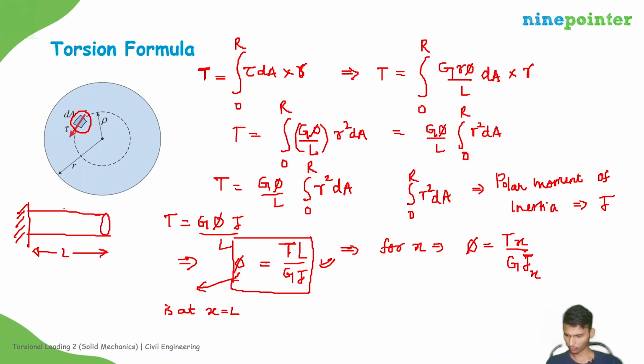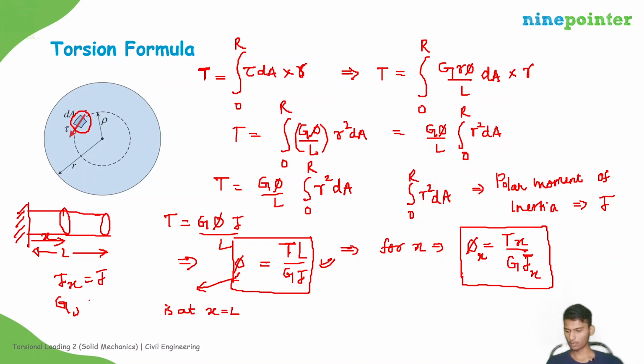So for that process, if you need to know what is the angle of twist at this position, this is at x, then this will be the formula, right? Phi at x. So as this is a uniform circular member, Jx will be equal to J, and G, T are the same. Tx we need to write here, x. Okay. So this is about the torsional formula.